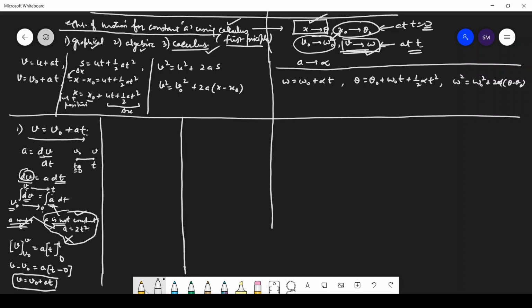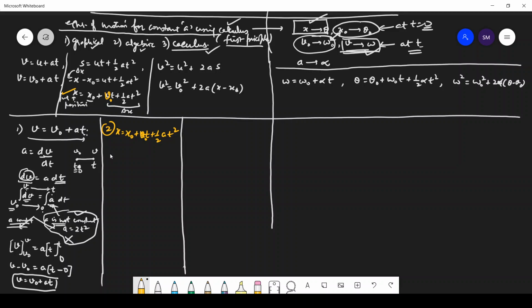Now what is the second equation of motion? That is this equation, x equals x0 plus ut plus, but instead of ut we will be writing here v0t, so v0t plus half at square.